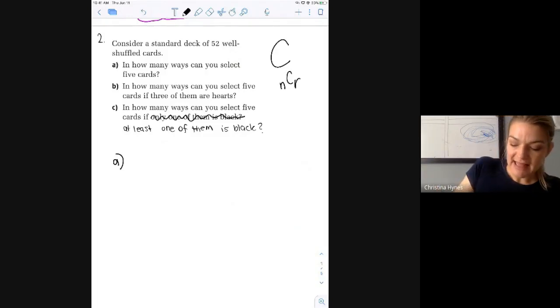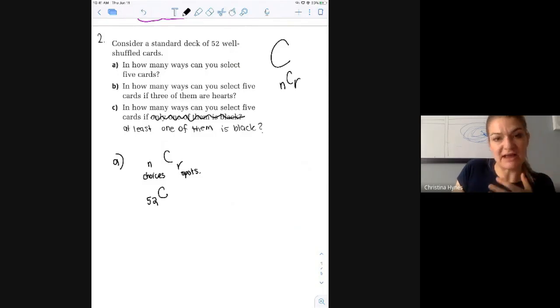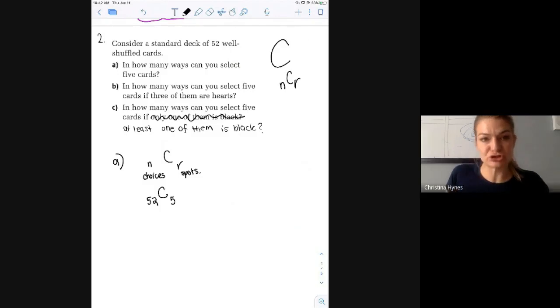N means how many choices do you have to choose from, and R always means how many spots are you putting them into. In our case, there are 52 cards to choose from, and R represents how many cards we actually want. I want to select 5 cards, so it's 52 choose 5. This is actually quite a large number.